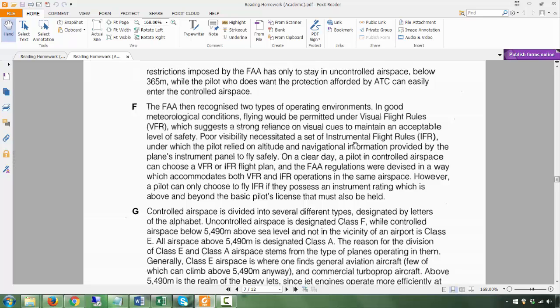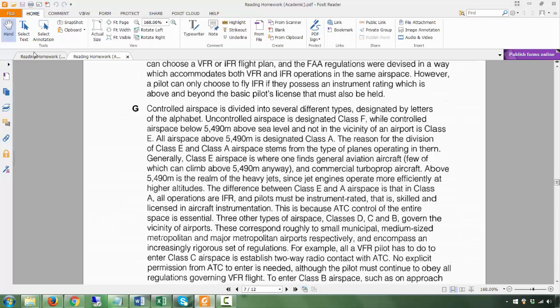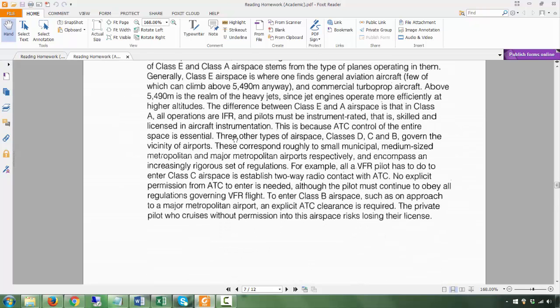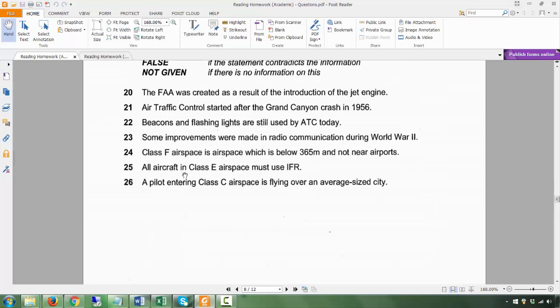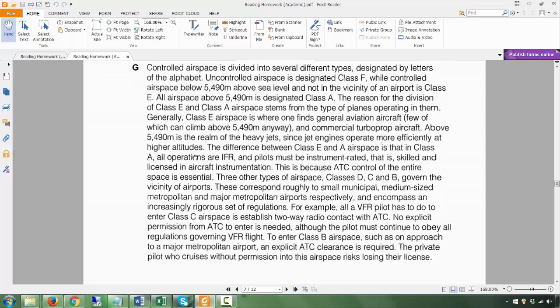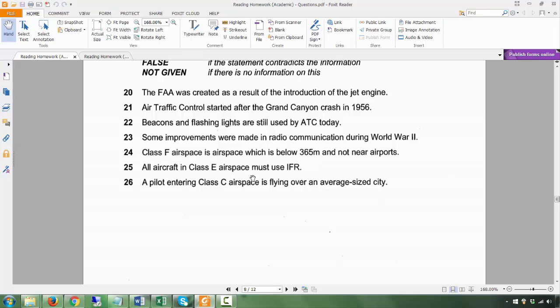Instrument flight rules. You must use instrument flight rules. So the difference between Class E and A is that in Class A, all operations have to use IFR. So if all aircraft in Class E must use IFR, no, it says in A. So if A, you need to use IFR, then E, you don't need. Here it says E, you need. No, so that's false.